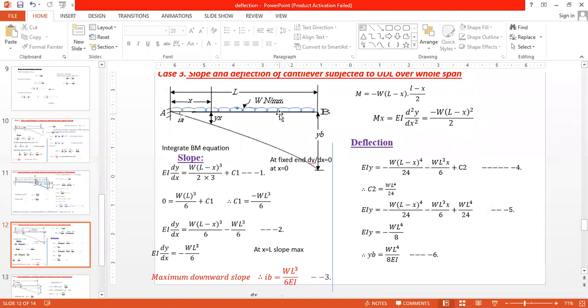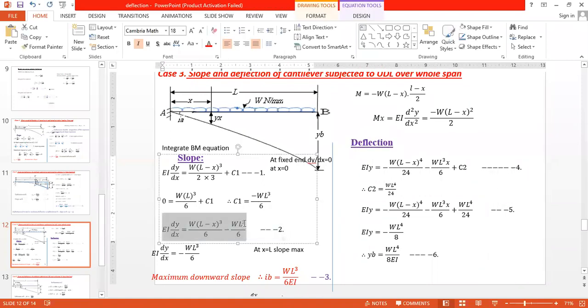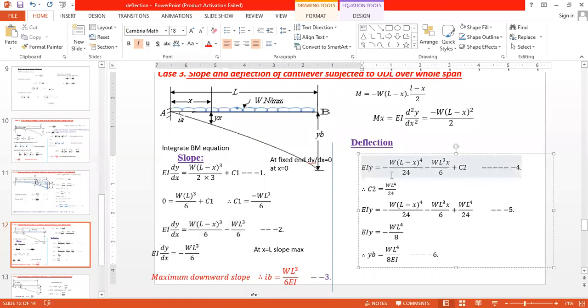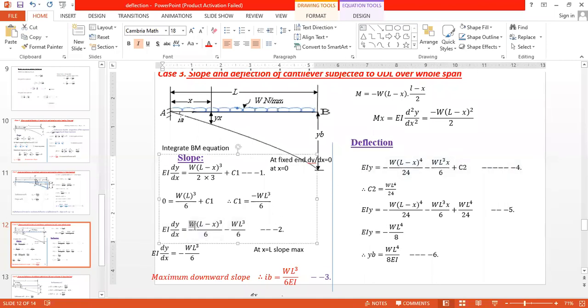Now see here, you know the deflection is the double integration of the moment, or it is the integration of the slope equation. Therefore I will integrate this equation. When we integrate this equation, on the left side EI is a constant term, it is as it is. Integration of dy by dx is y. Next, integration of this term: w is as it is, (L minus x) cube.